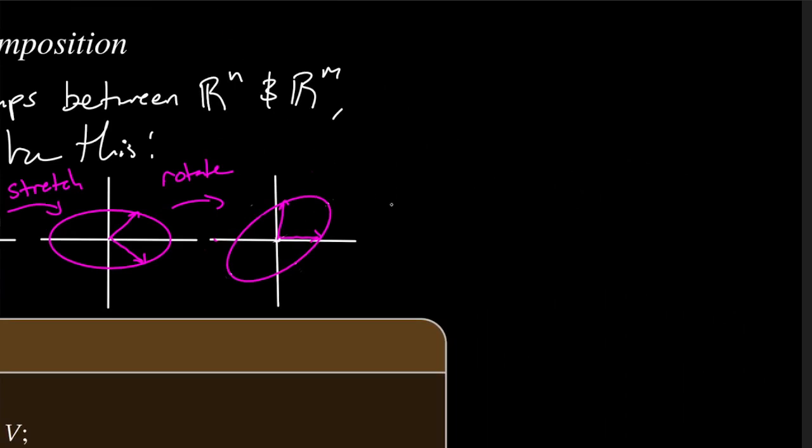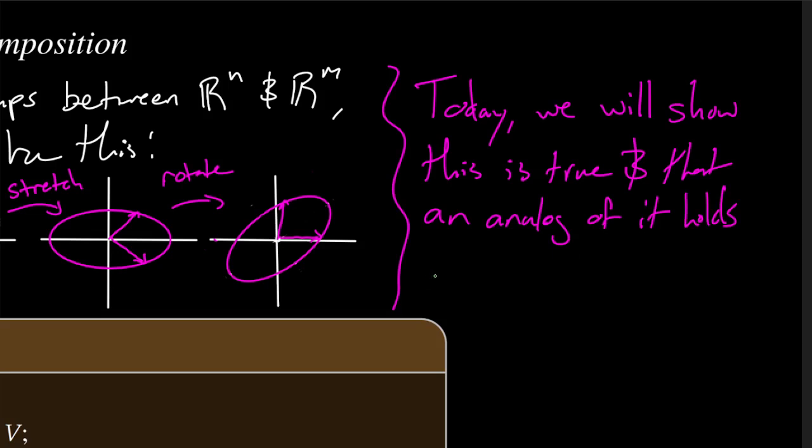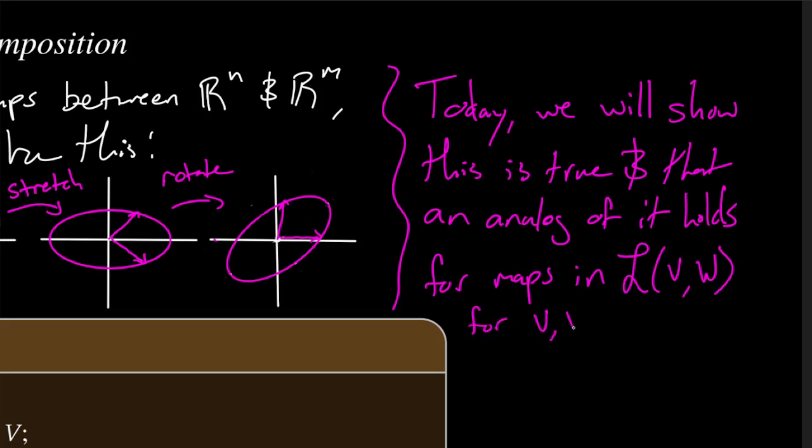is the following. Oop, I've still got my eraser on. Today, we will show this is true and that an analog of it holds for maps in L(V, W) for V and W inner product spaces.